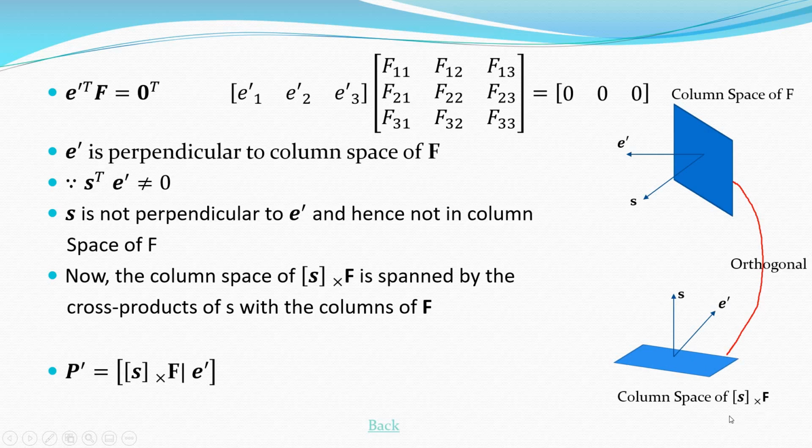E cannot be in the column space of this matrix. So that proves that since E does not lie in this matrix column space, it is linearly independent of the vectors that are in the columns of this matrix. So a short proof that this condition is very important to make the P dash a rank 3 matrix.